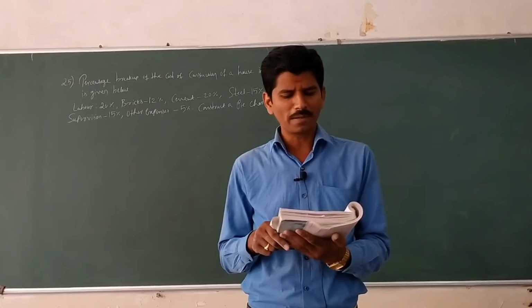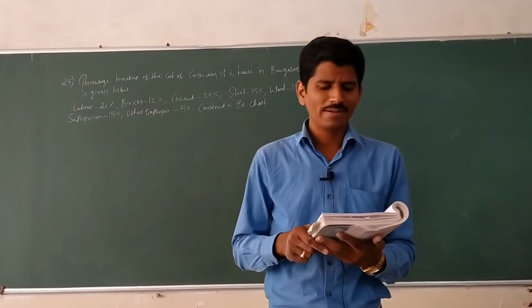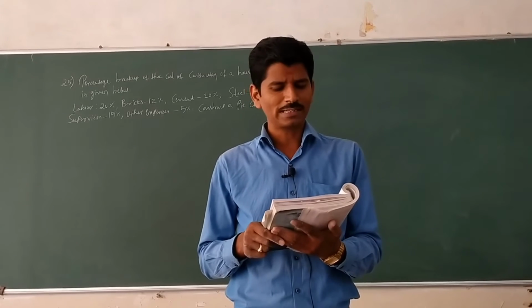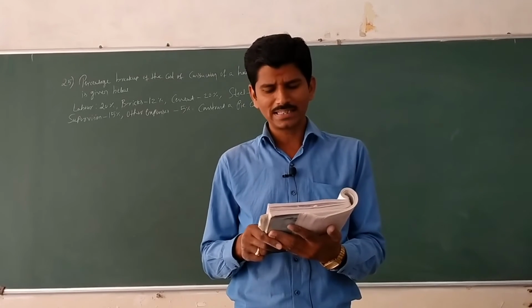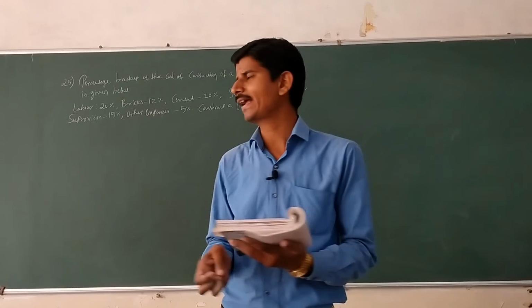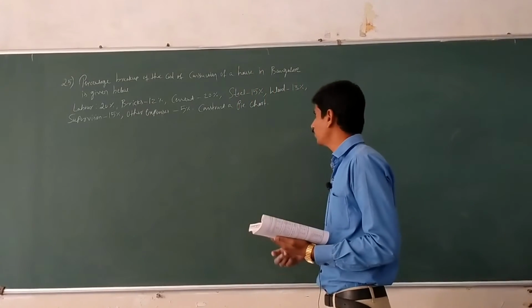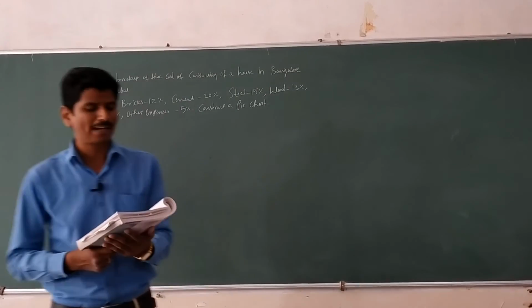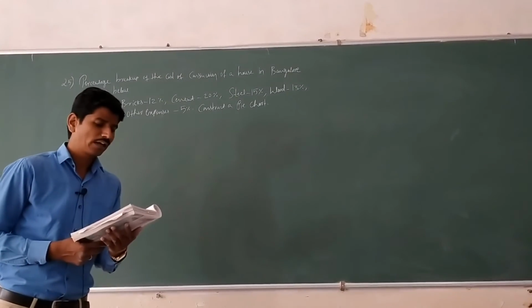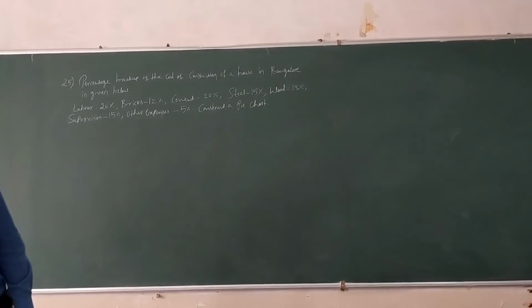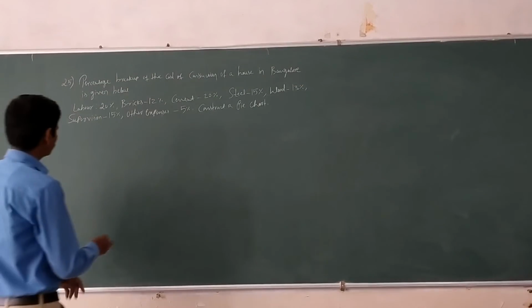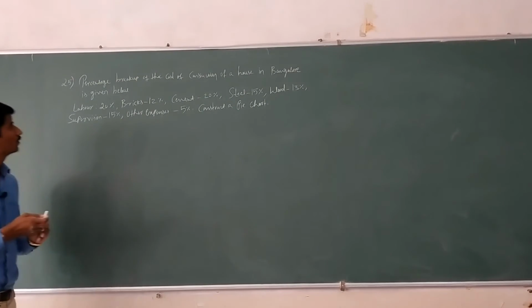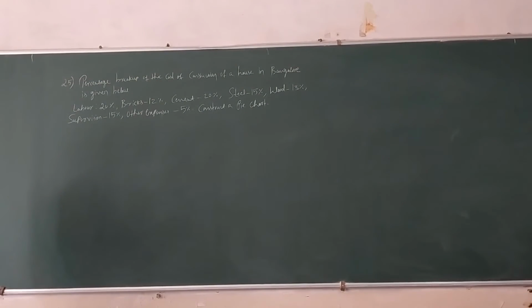Labor is 20%, bricks 12%, cement 20%, steel 15%, wood 13%, supervision 15%, other expenses 5%. Construct a pie diagram or pie chart.